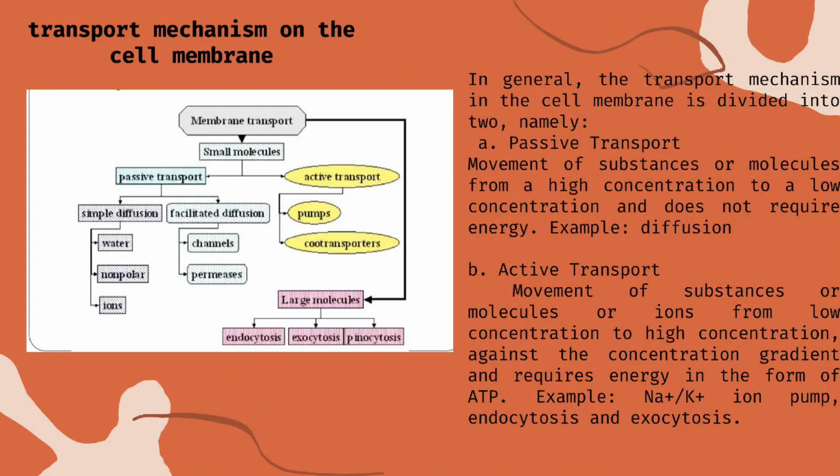Examples: diffusion and osmosis. Active transport is the transfer of substances or molecules or ions from low concentration to high concentration against the concentration gradient and requires energy in the form of ATP. Examples: natrium, kalium ion pumps, endocytosis, and exocytosis.